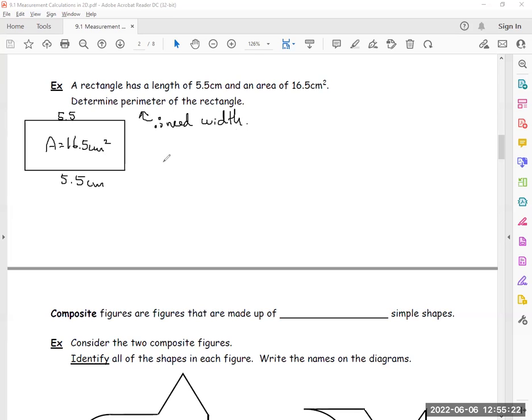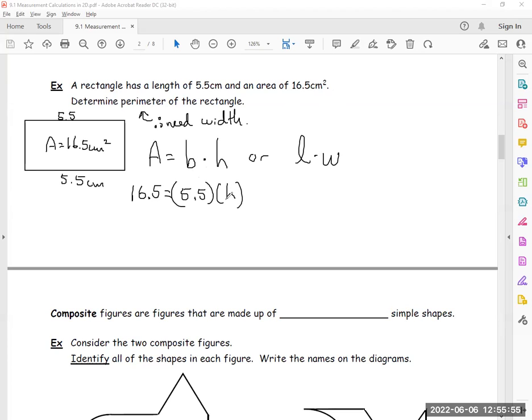Does that make sense? Go for it, Arvin. 16.5. Why? Give me the formula first. Good. So base times height, or of course, length times width, whatever. And what numbers do you know? The area is 16.5, so I'm plugging in 16.5 here. Base 5.5, I'm plugging in a base of 5.5 here. Height. Good.